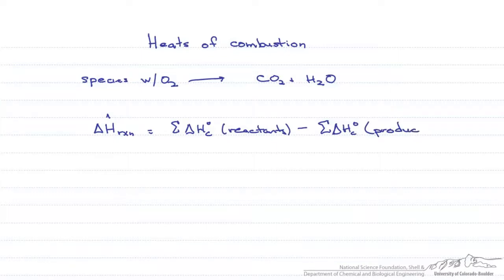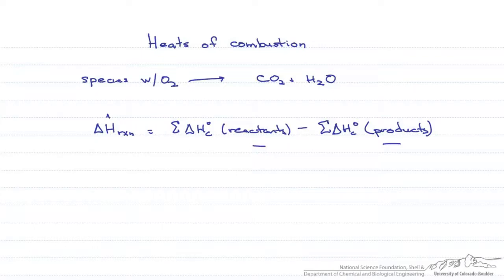What we mean by standard state is that the heats of combustion's reference state is 25 degrees C and 1 atmosphere. One thing that you might know in other ways to figure out the heats of reaction is the sum of the products minus the sum of the reactants.